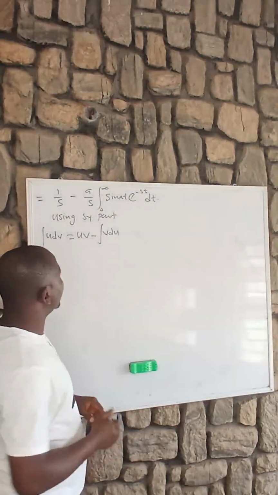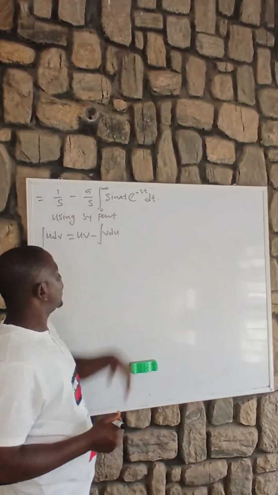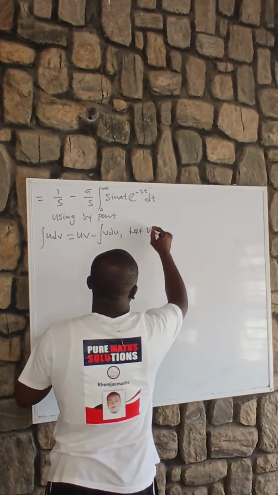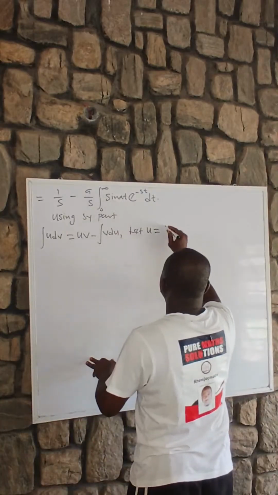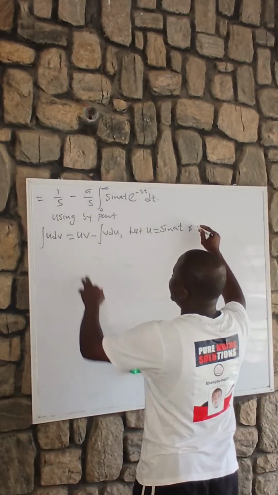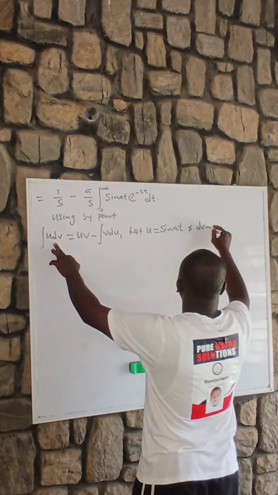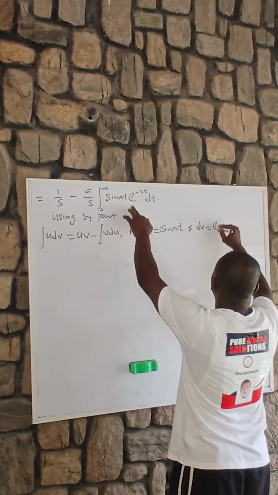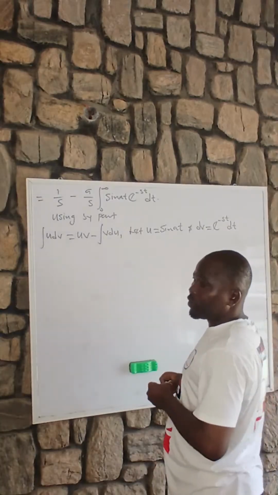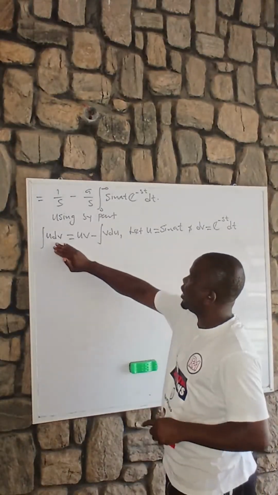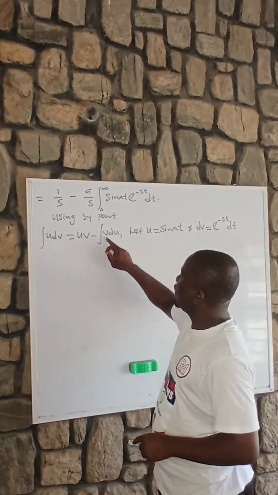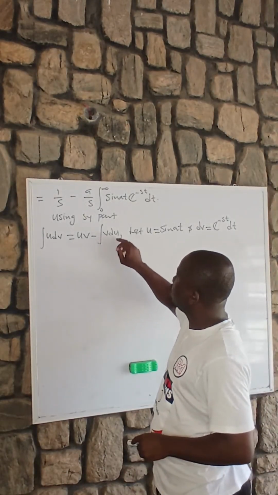So for us to continue, let u be equal to sine at, and let dv be equal to exponential minus st dt. Why are we doing this? Because in the formula, we have our ordinary u and our ordinary v, and then dv and du.